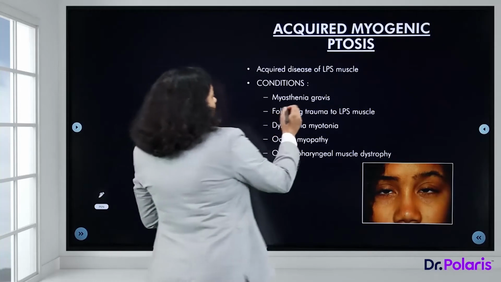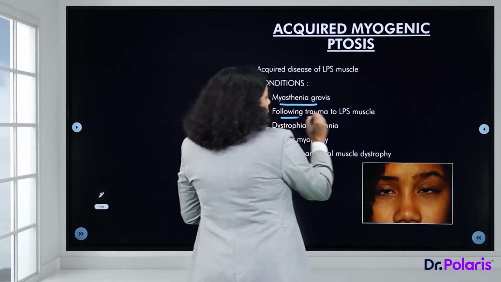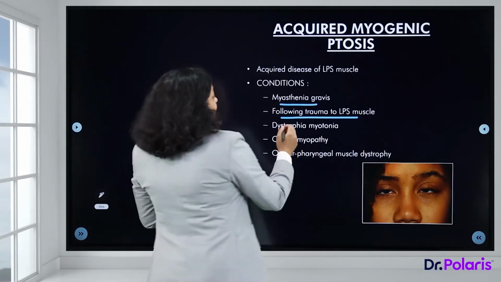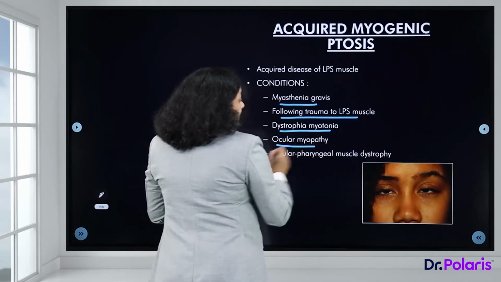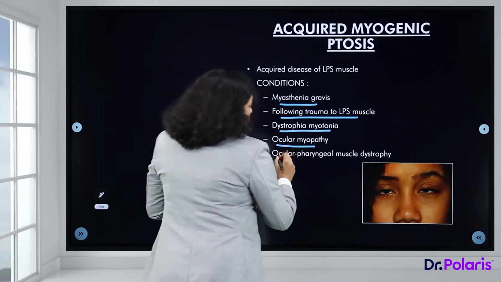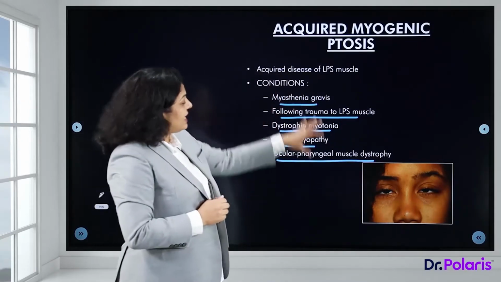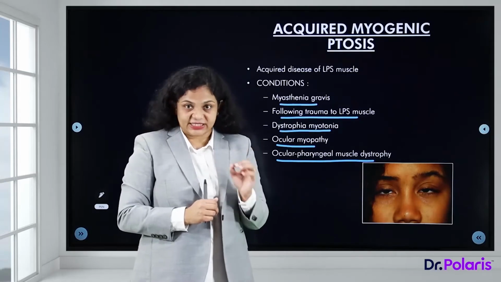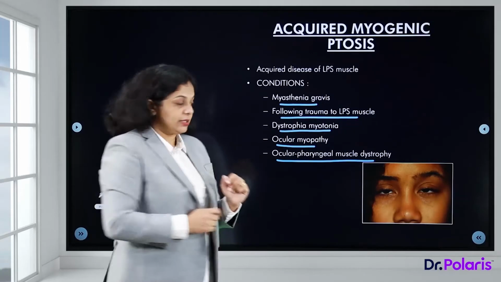You can have a myasthenia gravis, or there can be a trauma to the LPS muscle of that side. Dystrophia myotonica, ocular myopathy, or oculopharyngeal muscular dystrophy. So anything which causes a problem in the muscle as such will cause a myogenic ptosis.